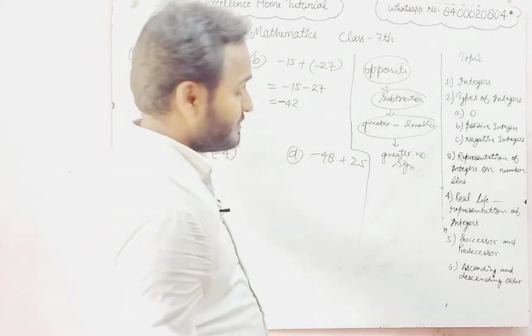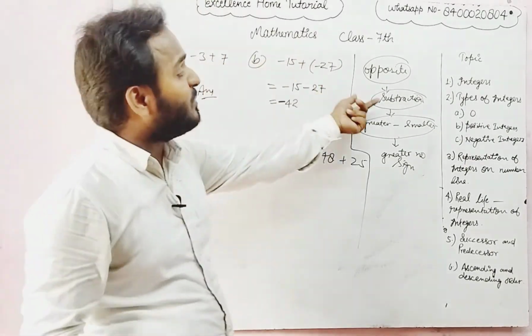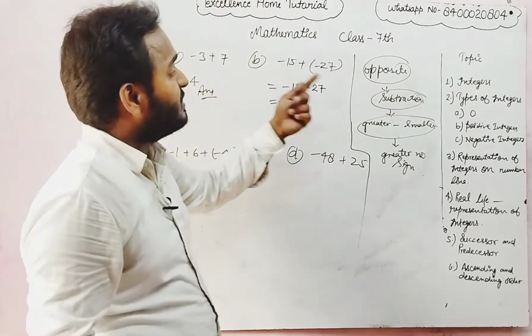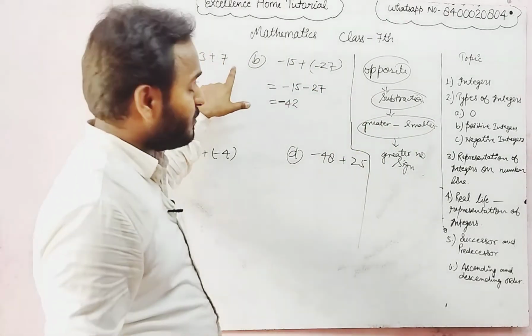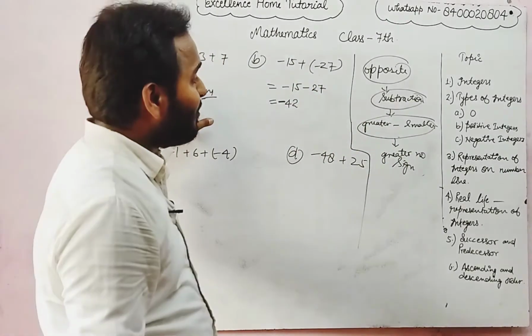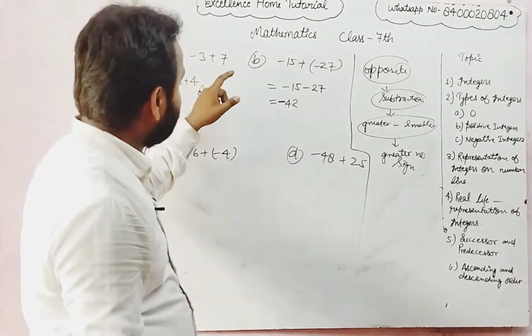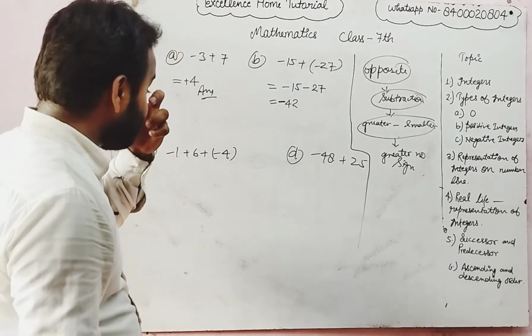Opposite sign, that is -3 plus 7, so subtraction is applied, and after that greater number, that is 7, smaller number, that is 3, we have to subtract 7 minus 3, that is +4, that is the greater number's sign, the greater number is 7, so plus is applied.